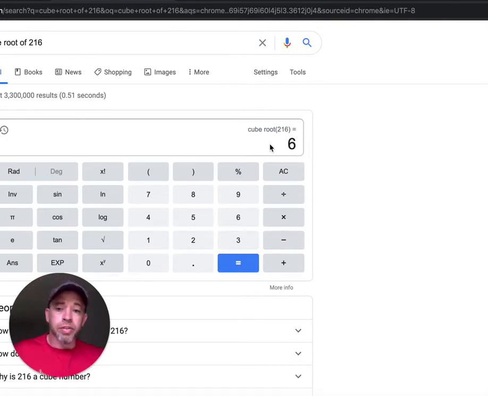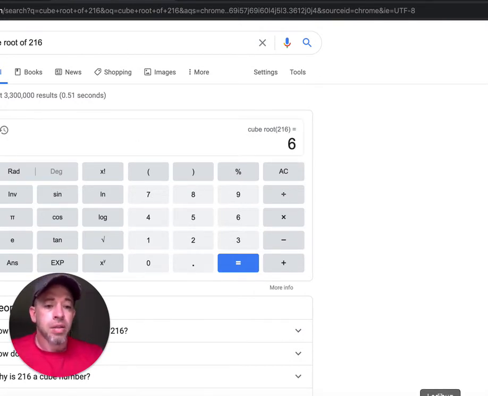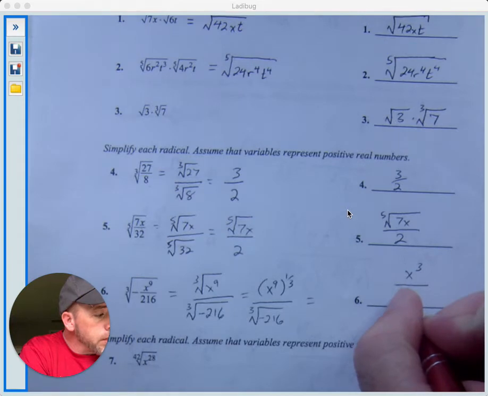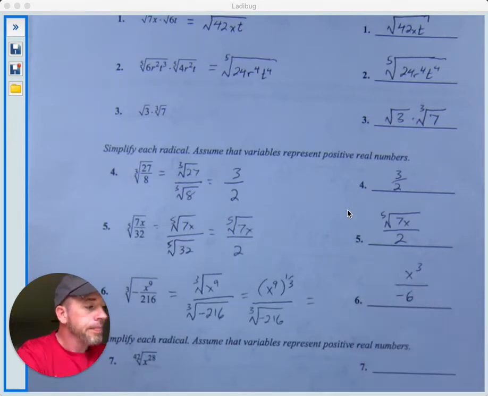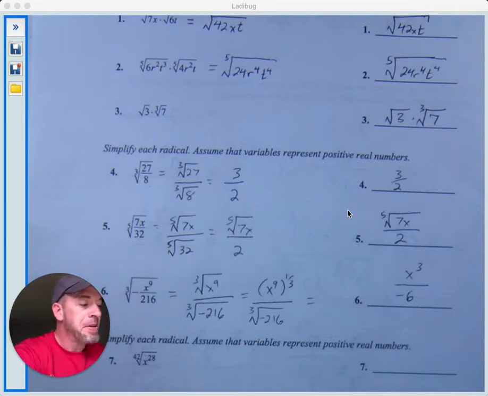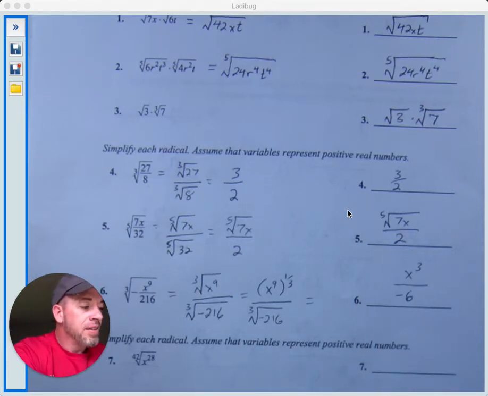Oh, 6 works, right? 6 works. Okay. So the cube root of negative 216 is actually negative 6. So we get x cubed over negative 6. Whew, that was close. I almost didn't know that one. But we got it.